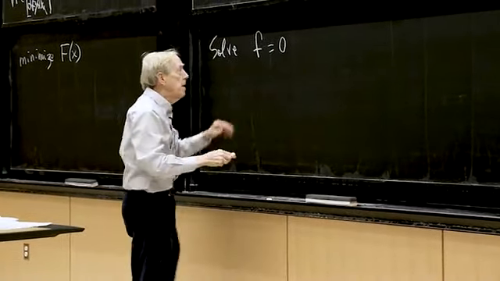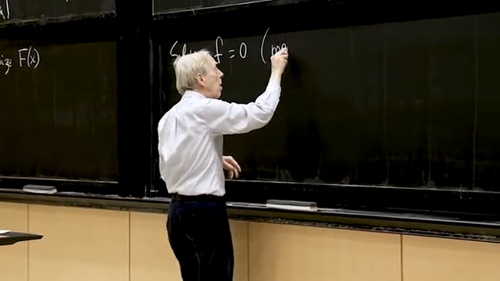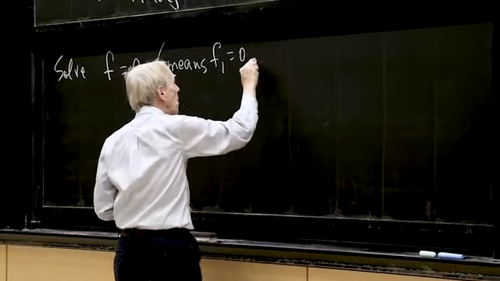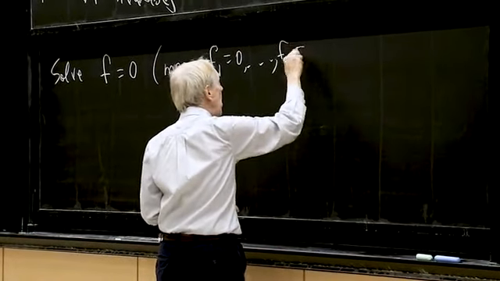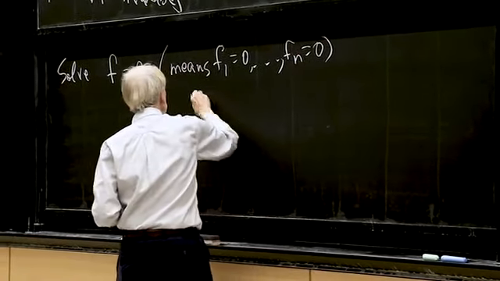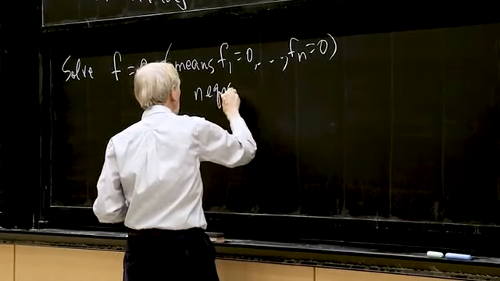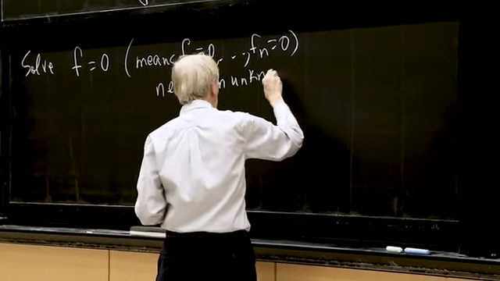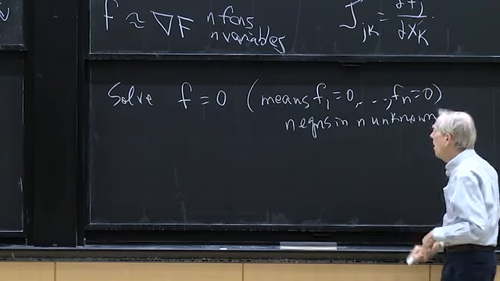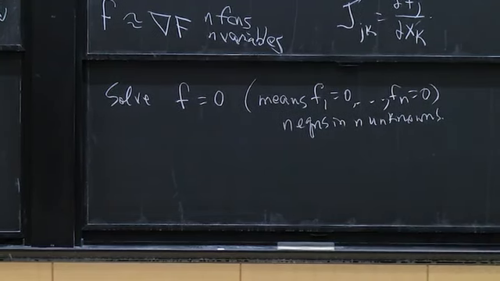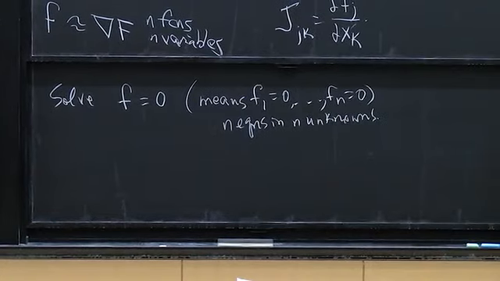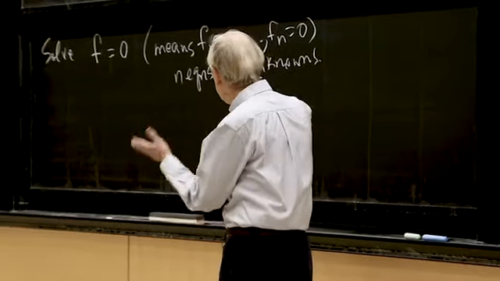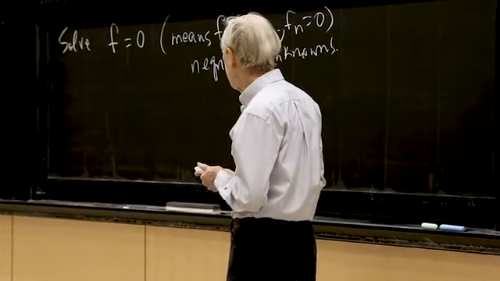And of course, that means f1 equals 0 all the way along to fn equals 0. Here I have n equations in n unknowns. Let me start with that one. And I'll start with Newton's method to solve these n equations in n unknowns.